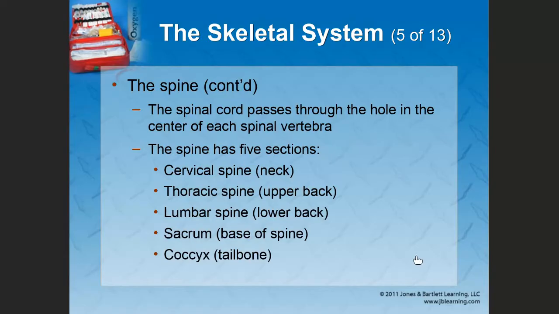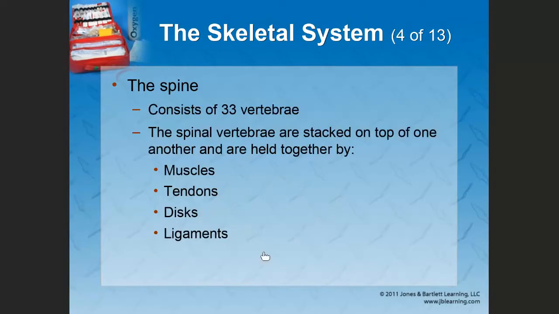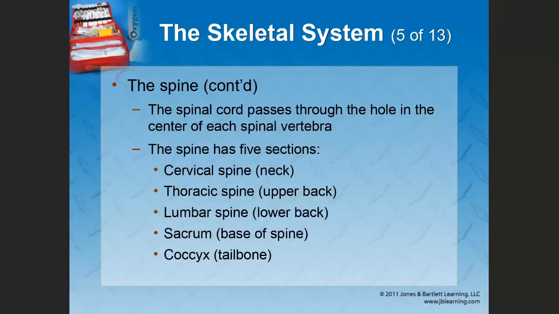Now, the purpose of the spinal column is to protect the spinal cord, and the spinal cord exits the skull through an opening referred to as the foramen magnum, and that's at the inferior portion of the skull.